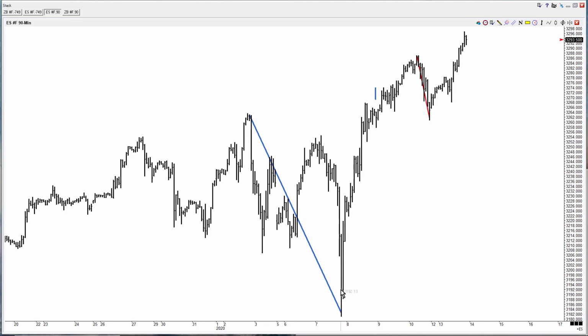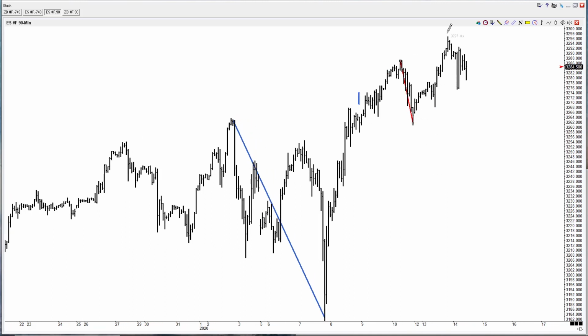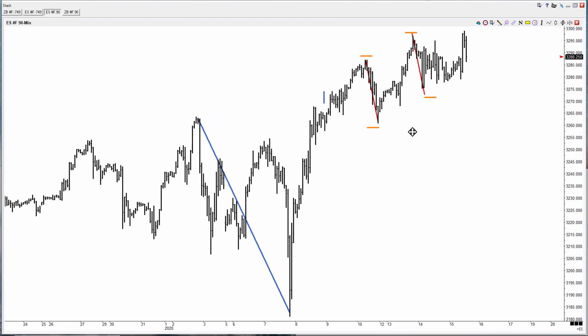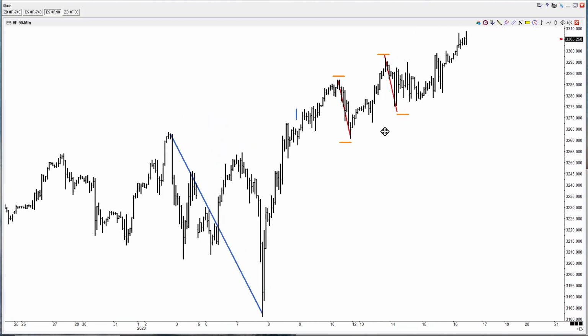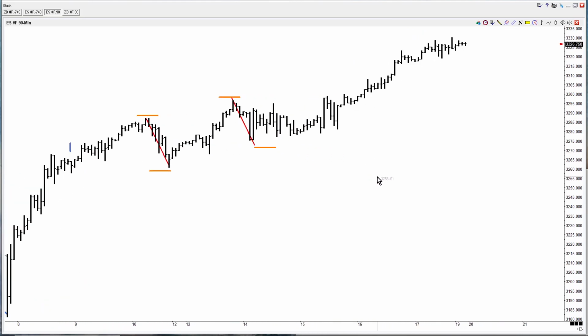Largest reaction leg's major, next largest minor. Anytime it pulls back, I'm following the minors. If you understand this market, these are perfectly acceptable trades to take. You're taking your risk. You don't know for sure whether the minors will hold or not. But we're following them. So I'm going to show you what I did with this.